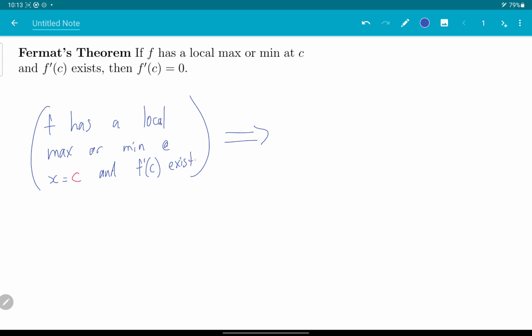Okay, exists meaning it's a real number. So if this is true, then that f prime of c must be 0. Okay, so in math, we have this statement implies that this is true.